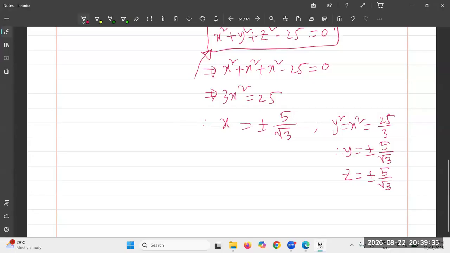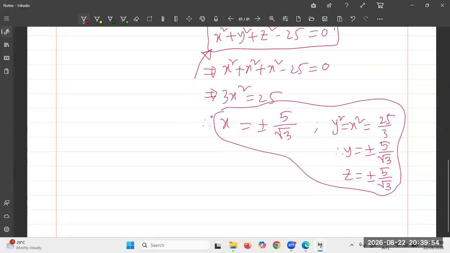Because the square quantities of x, y and z must be equal, for both 5 divided by root 3 and minus 5 divided by root 3, the squares of x, y and z are basically the same. So we have these points, in this case 8 points. And why 8 points?